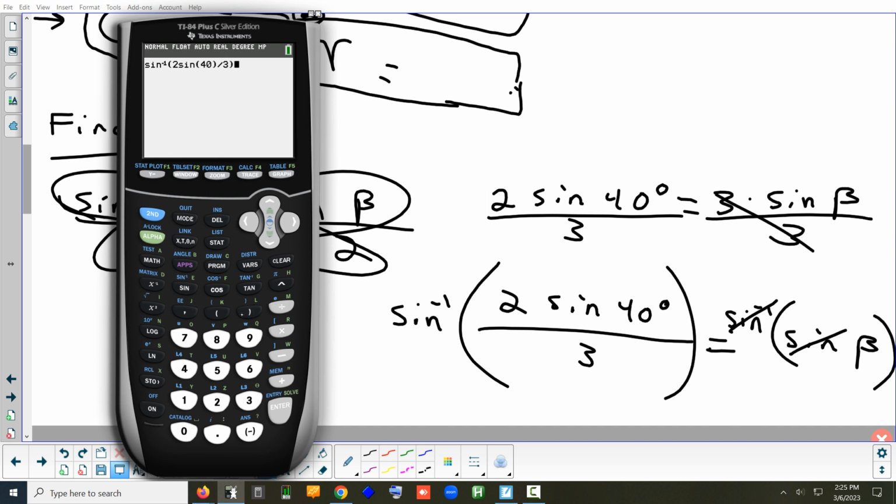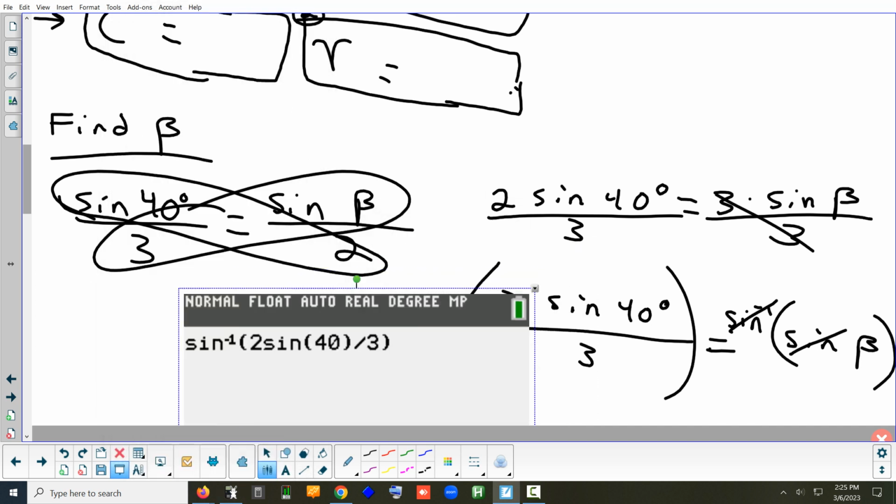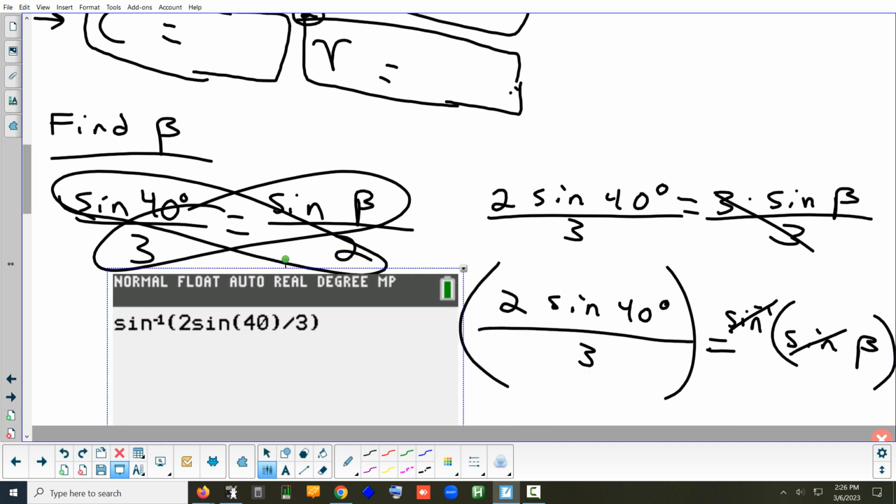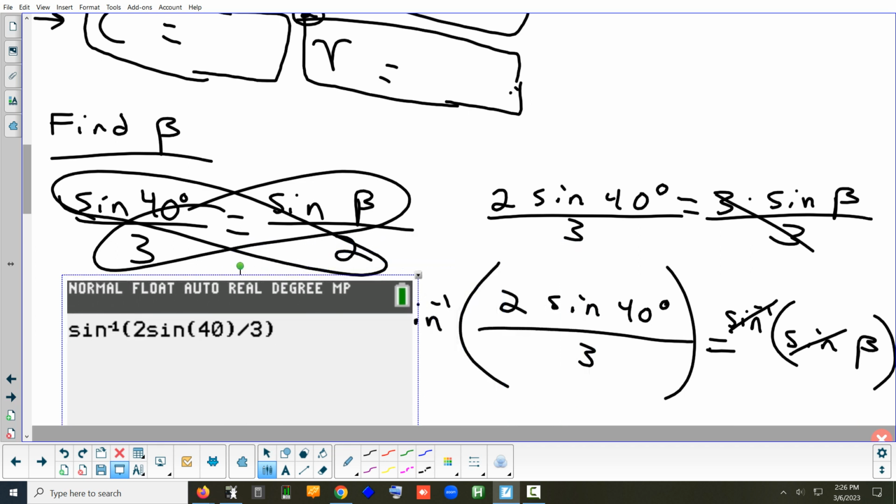That's how you want to type all that in. Just like that: inverse sine, 2 sine 40, divided by 3. If you don't close this parenthesis right here, then it's going to do this. We don't want the sine of 40 thirds.